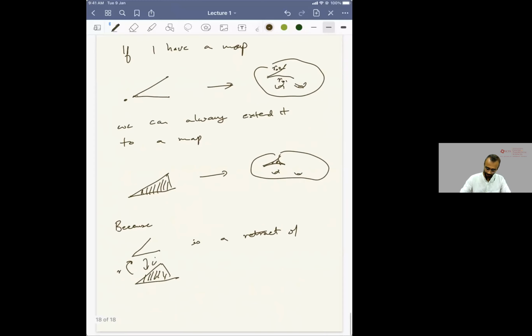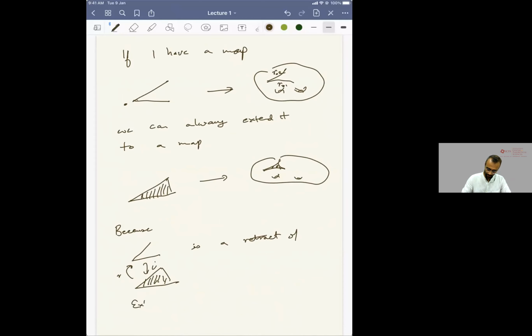So you simply extend F by setting F tilde equal to F composed with R. Right? And this is true in general. The n tetrahedron can be retracted onto the union of any of its faces. If I remove one of the faces and look at all the other faces, I can retract the whole tetrahedron onto the remaining faces.